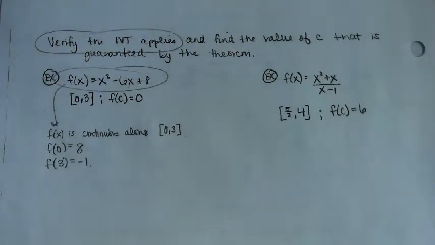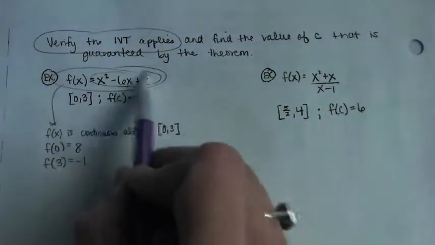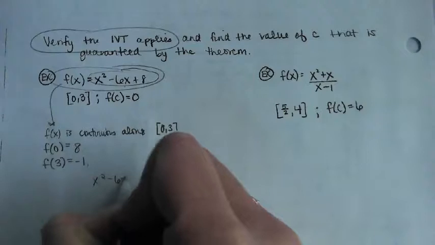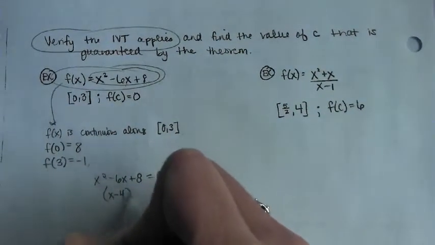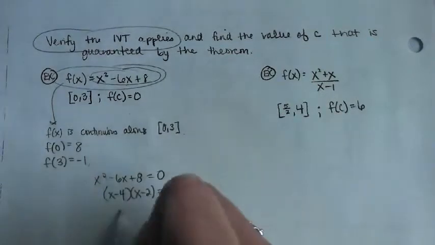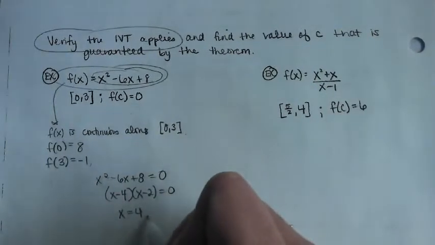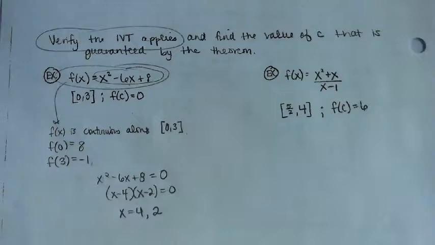Now find the value of c that is going to make that happen. So set this equal to 0. Solve. It's a factorable one. So it's either at x equals 4 or x equals 2. Which one is it?